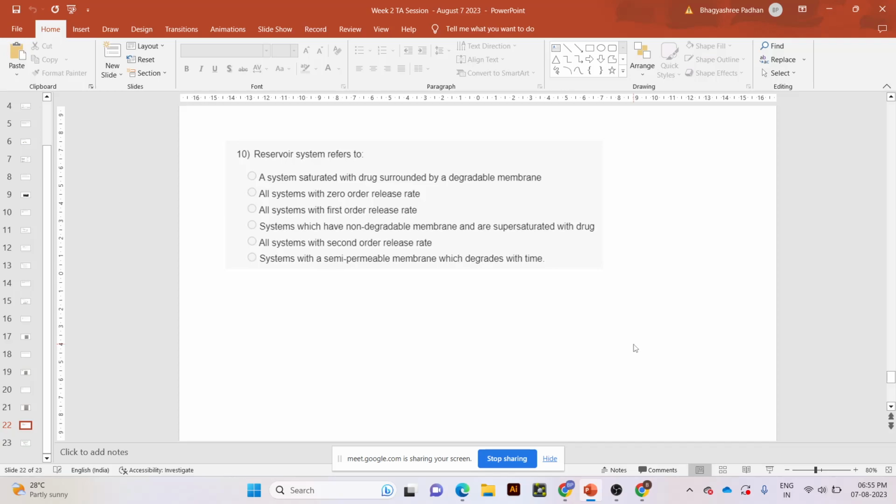Anyone has any other option? What is the reservoir system?